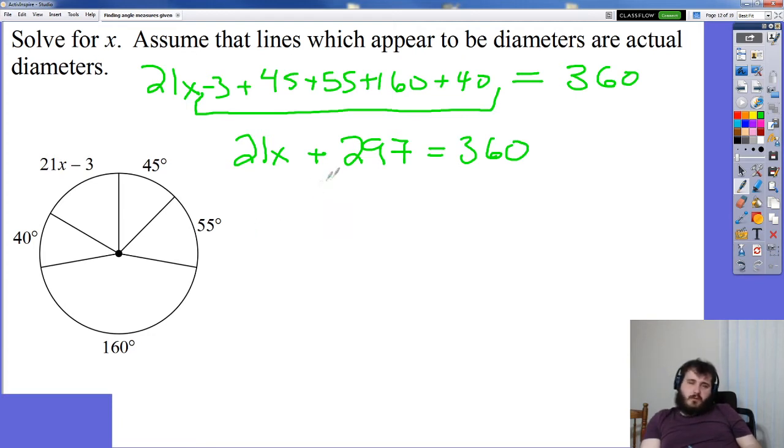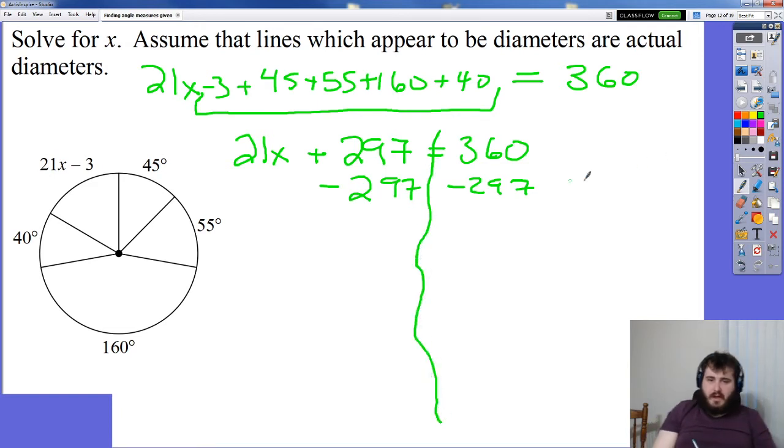All right, so once we do that, this is just a two-step equation. Now we're going to subtract the 297 and divide by 21, right? Straight lines, my favorite. So look what we got left.